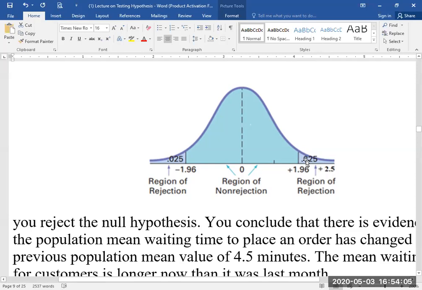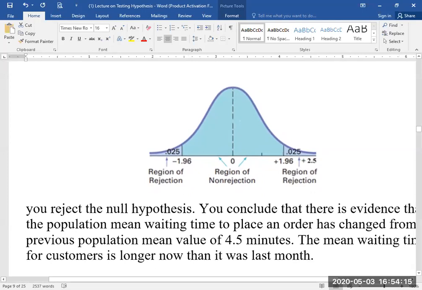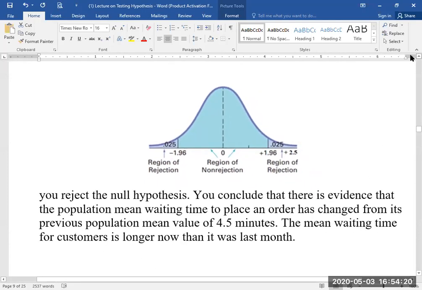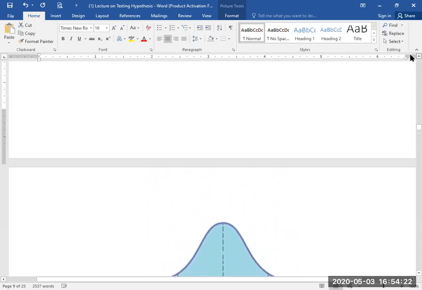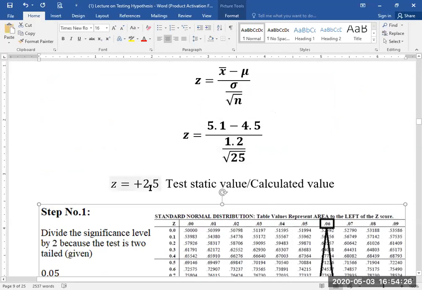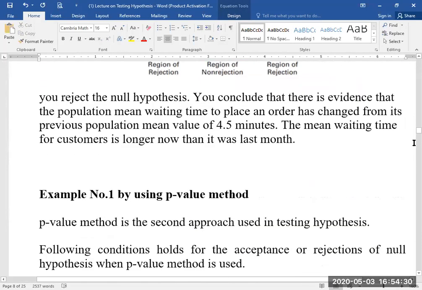Here 0.05 is divided into two parts, 0.025 on the right side and 0.025 on the left side. Now students, what is the test statistic value? We have to see in which region it falls. The test statistic value was positive 2.5, which we have just calculated. Now we will see in which region it is falling.